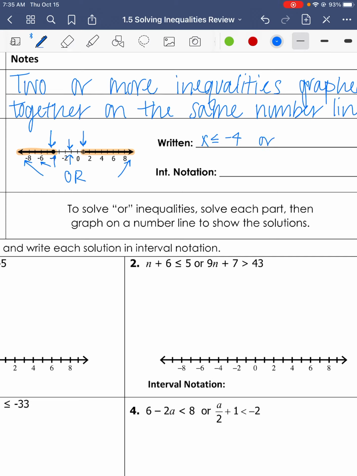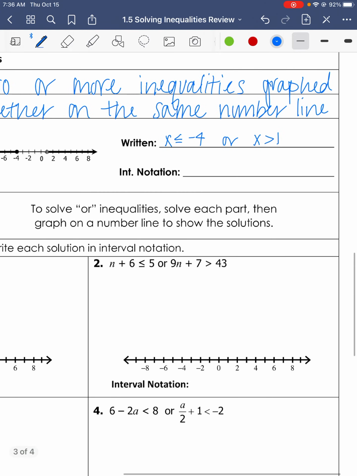And then we write or, x is, so here is 1, so this is going to be our marker here. We're going to the right, so x is going to be greater than 1, and it's not going to be equal to because the circle is open. Okay, so we write it as x is less than or equal to -4, or x is greater than 1.